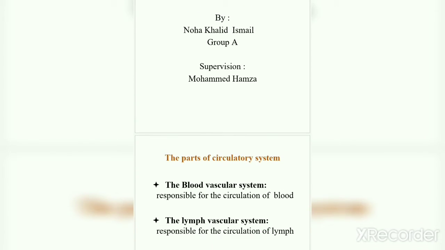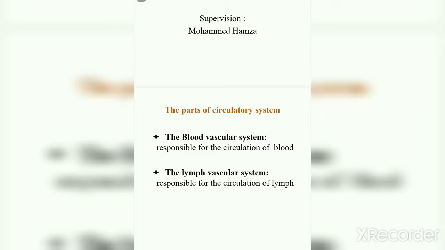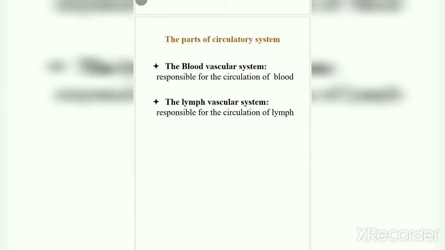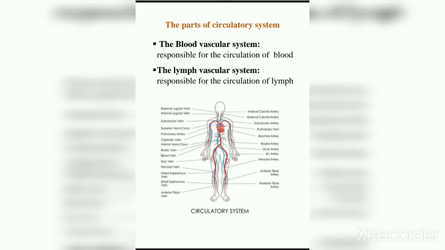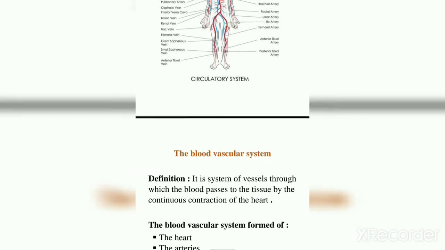We begin with the parts of the circulatory system, which consists of the blood vascular system and the lymph vascular system. The blood vascular system is responsible for the circulation of blood. The lymph vascular system is responsible for the circulation of lymph.